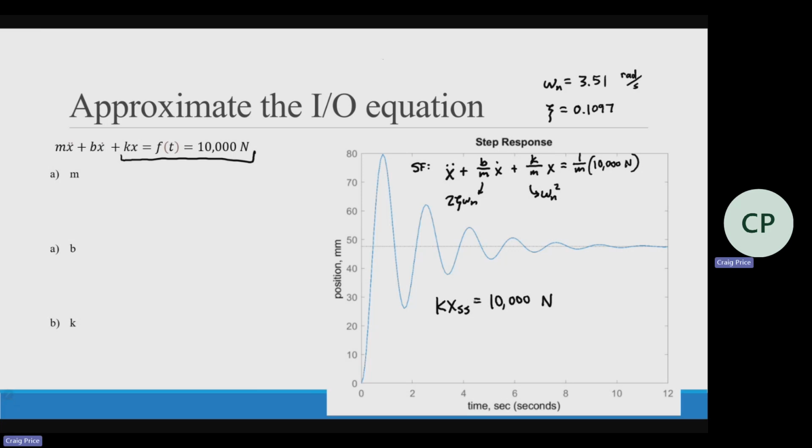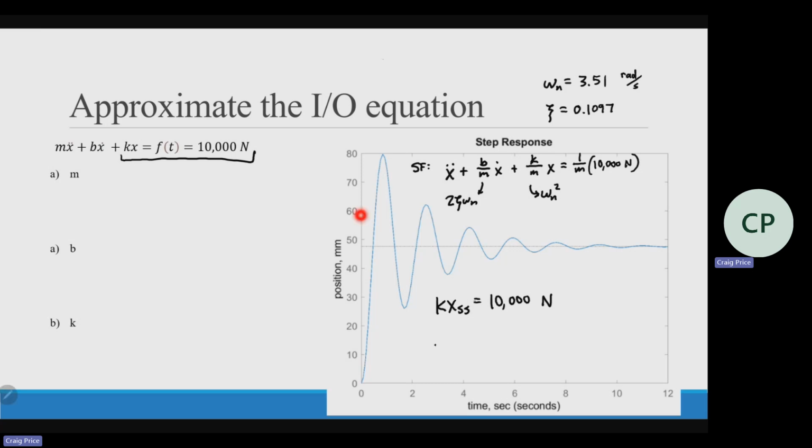Once we get all the oscillations out, if I just say at steady state, there's no more acceleration, there's no more velocity. So I'm just looking at steady state. We know what our final value is. So based on that, displacement times the spring stiffness is going to give me 10,000 newtons.